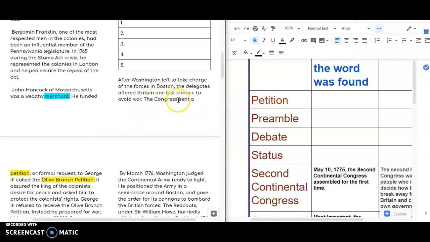It says Congress sent a petition or formal request to George III called the Olive Branch Petition. It assured the king of the colonists' desire for peace and asked him to protect the colonists' rights. So I'm going to type that in.